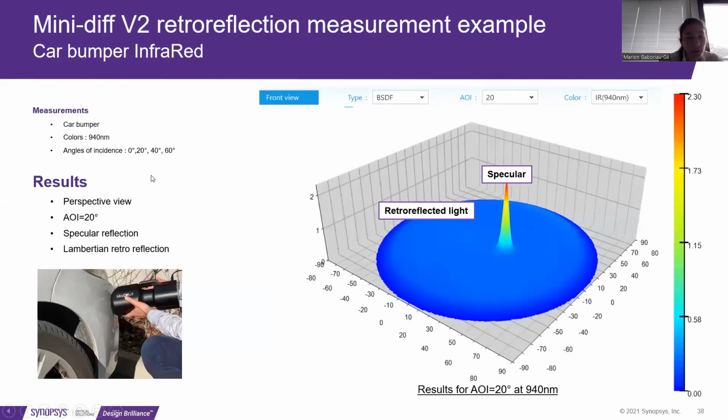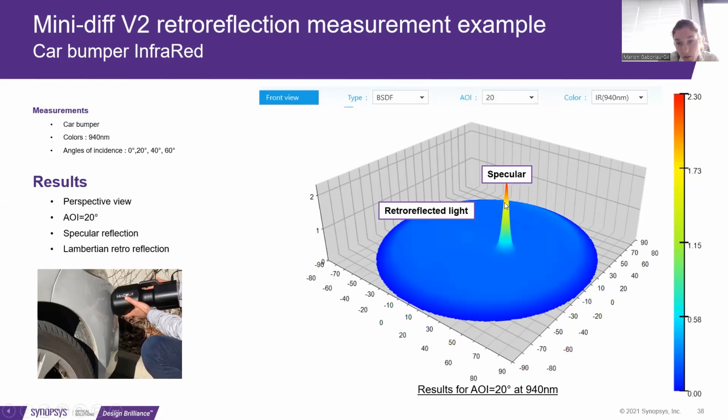Here are the results. I just present the result for the angle of incidence of 20 degrees. You have a perspective view here, and here it's the BSDF value scale. So as we light at 20 degrees, we expect to have the reflected light at 20 degrees and the retroreflected light at minus 20.